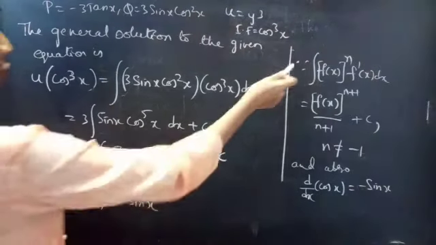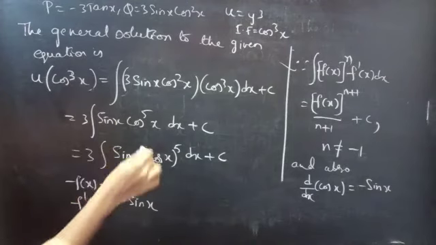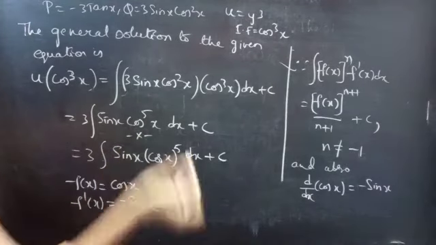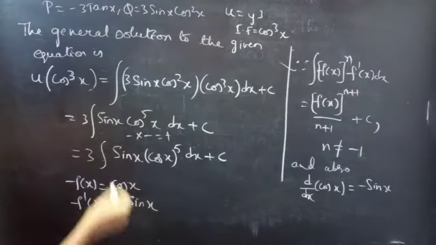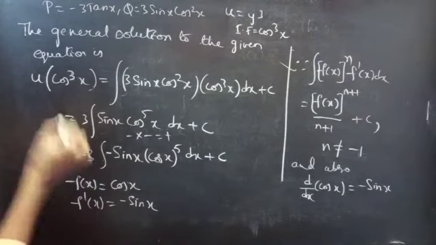So in order to apply this formula, we need a minus here. For that purpose, we'll include a minus into a minus, which is plus. We'll take one minus inside the integral and one outside the integral.